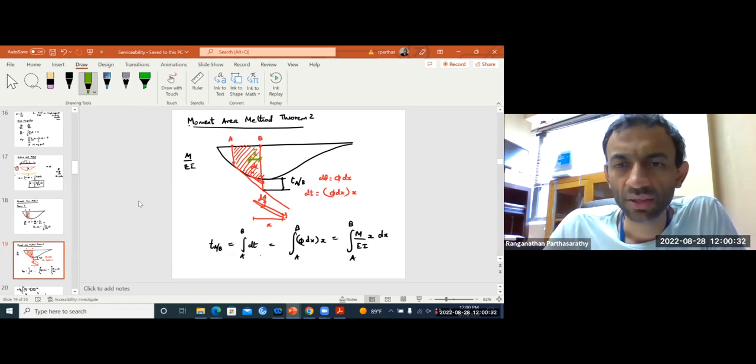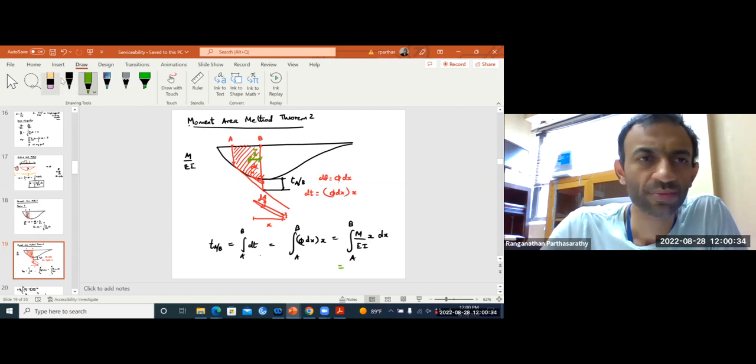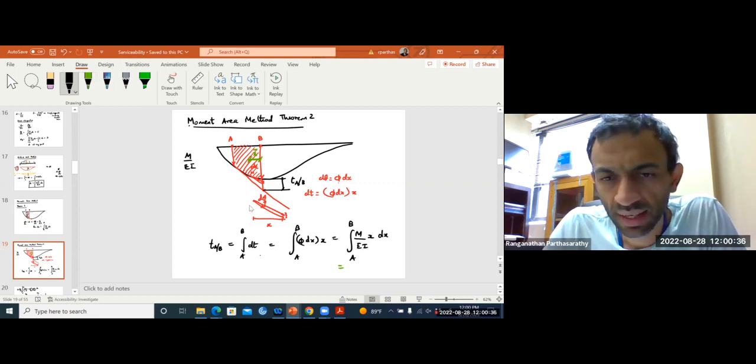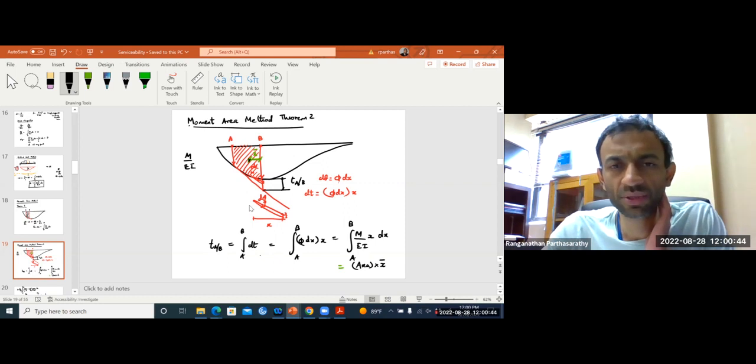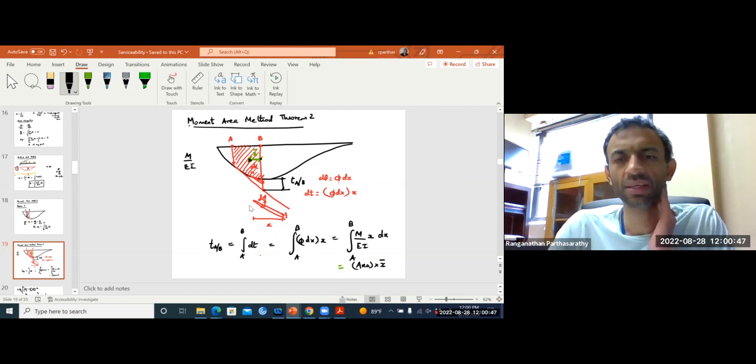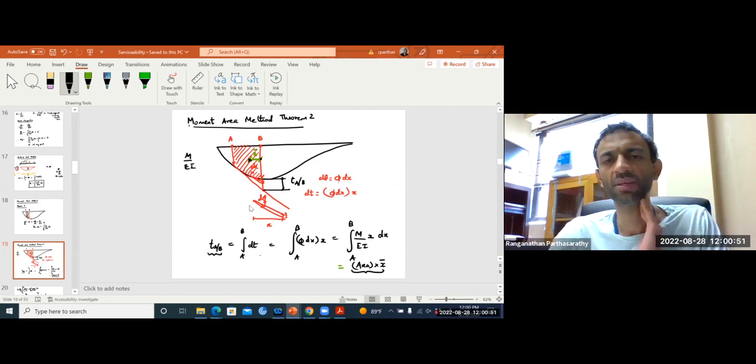So T AB equals the area under the curvature diagram times x bar, where x bar is the distance from the centroid of this area to B.